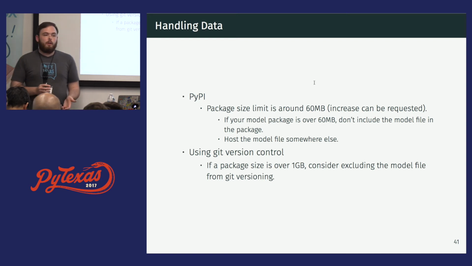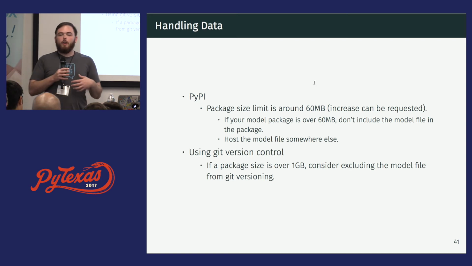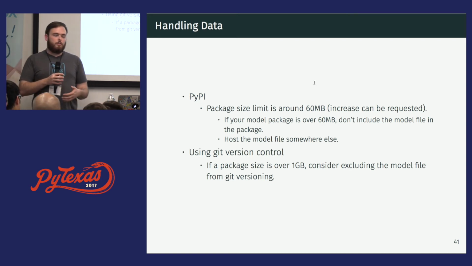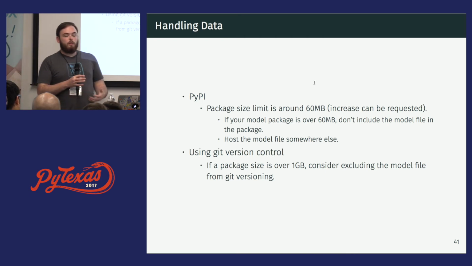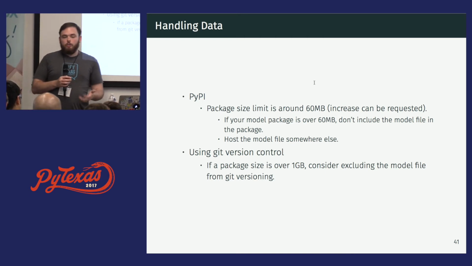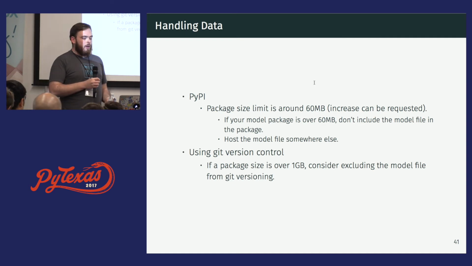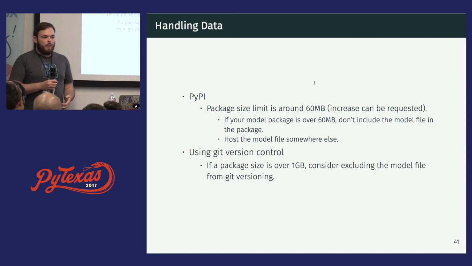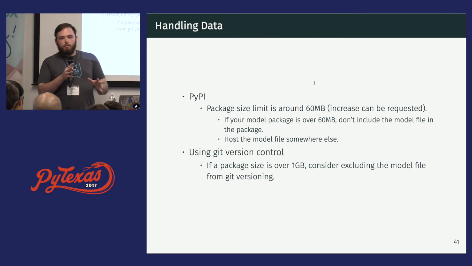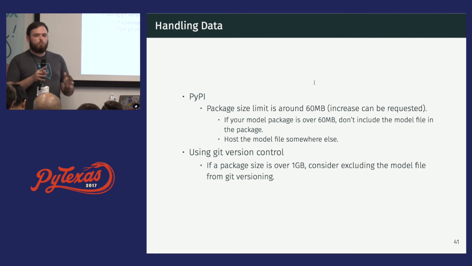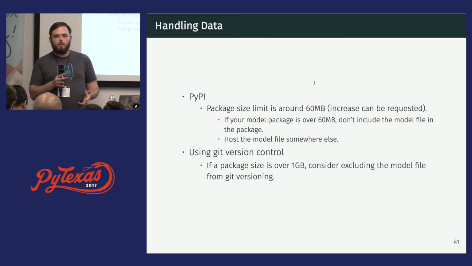So about handling data, of course, because we're talking about packaging and machine learning solutions, this is a really important thing for us. If you're looking to upload your solution to the public Python packaging index, some things to note. The default limit on package size is roughly 600 megabytes or so.